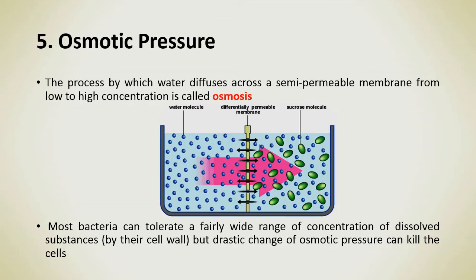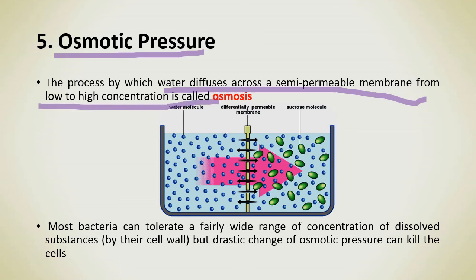Okay, the following factor is osmotic pressure. The process by which water diffuses across a semi-permeable membrane from low to high concentration is called osmosis. In other words, the movement of water molecules from low concentration to high concentration is known as osmosis.